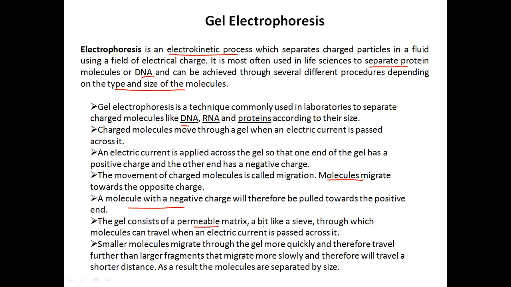So the movement will be affected by size. Smaller molecules migrate through the gel more quickly, and larger fragments migrate very slowly. This is how the components in a biological sample are separated based upon their charge and size.